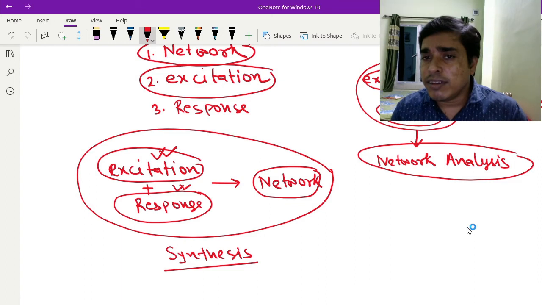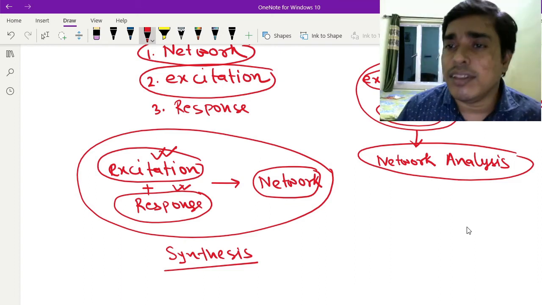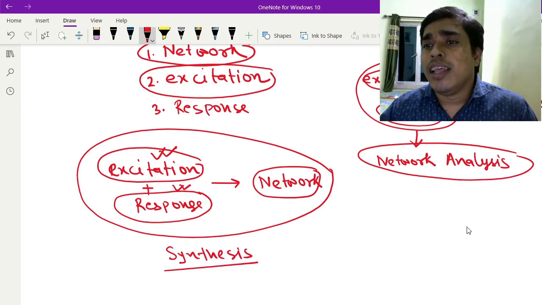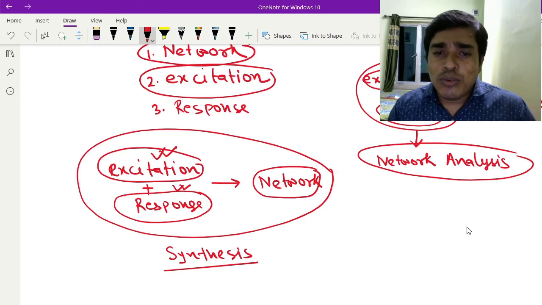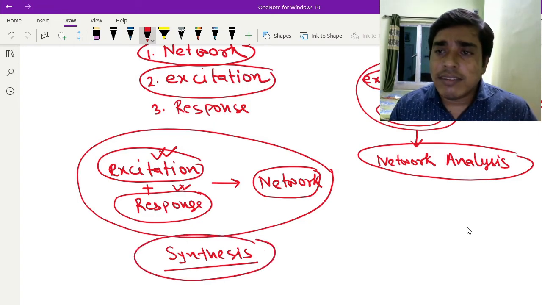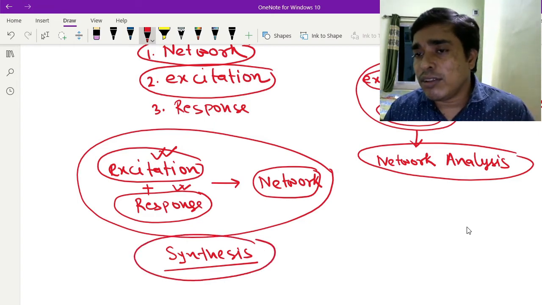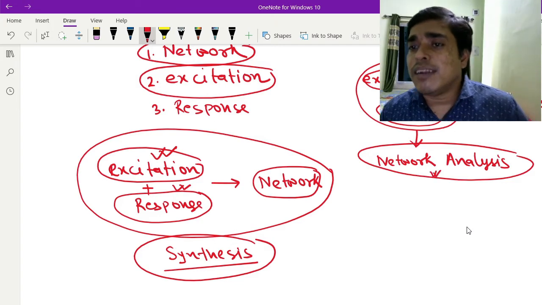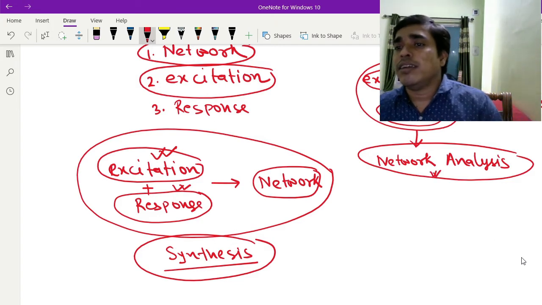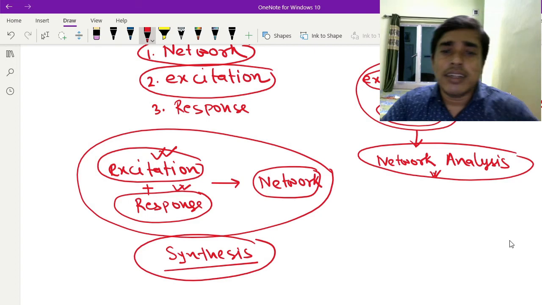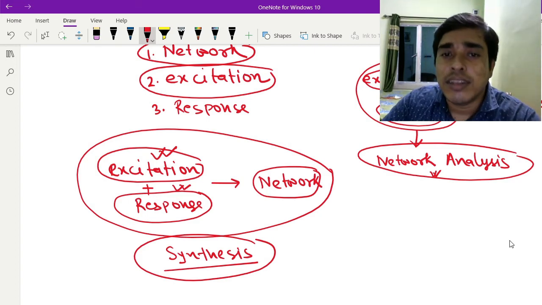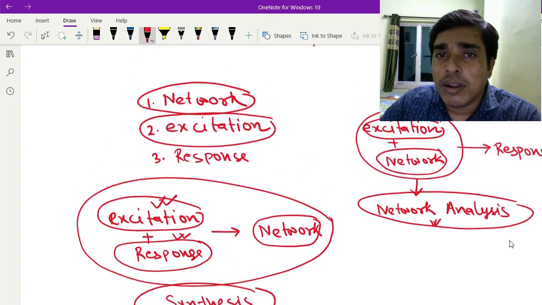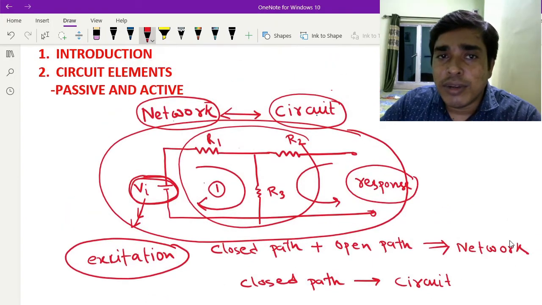This is called synthesis. Network analysis is much easier than network synthesis.